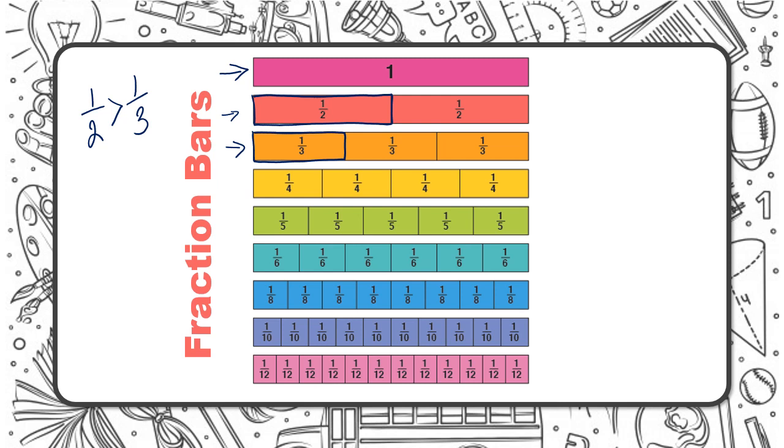Now as I clear these examples, let's take a look at our first set of fractions that we're going to compare. We have 2/5 and 2/3. What strategy can we use to compare these two fractions? Well, since they both have a 2 in the numerator, I would use the strategy same numerator.